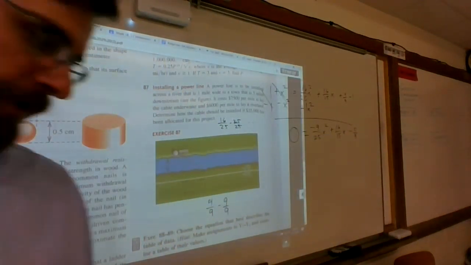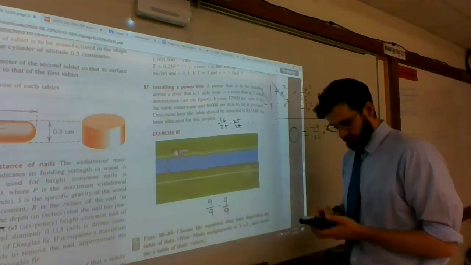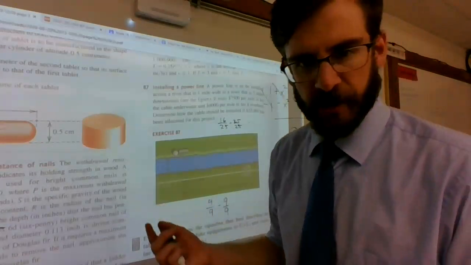At this point, I want to put it in the quadratic formula. So you can find the decimals for those to get an approximation.